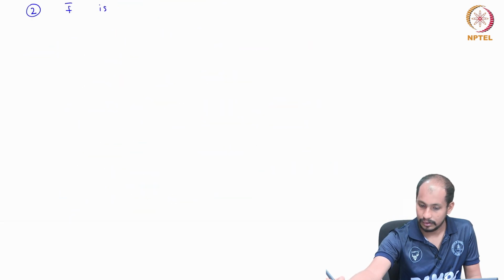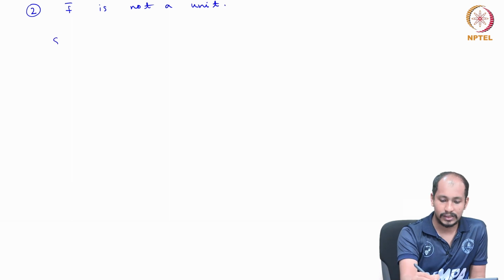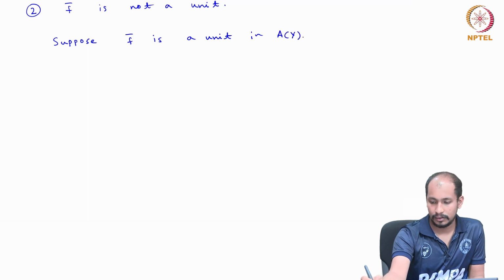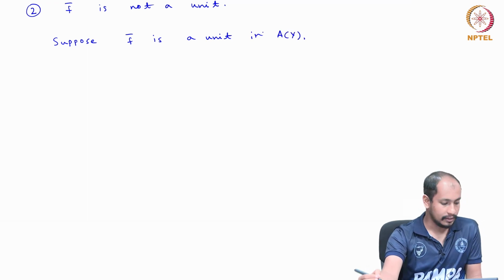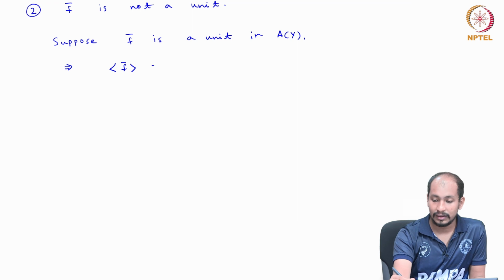Now the next claim is F bar is not a unit. Now suppose F bar is a unit in A(Y). Then this implies that the ideal generated by F bar is the whole ring A(Y).